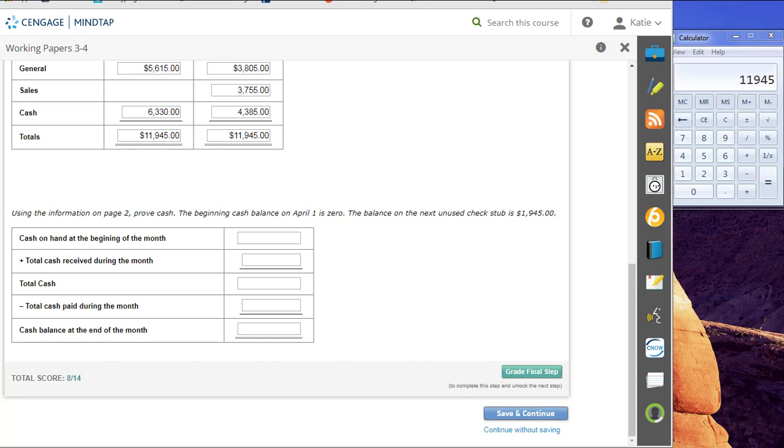Okay? If the amount that you're off by is divisible by 9, so let's say between your debits and credits that you're off $18. Is that divisible by 9? Yes. So oftentimes if it's divisible by 9, that means it's a transposition error.